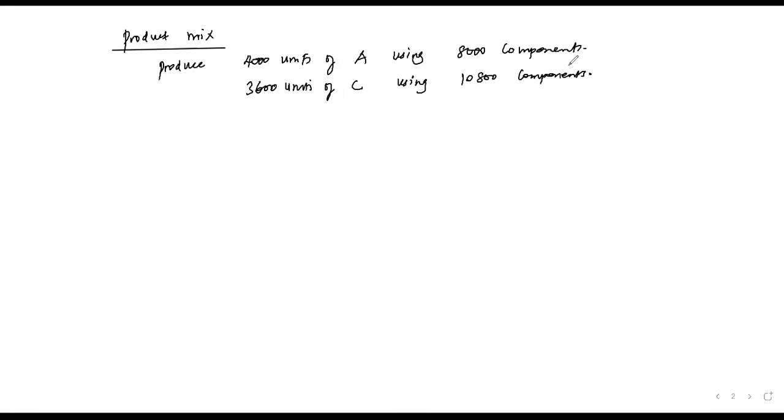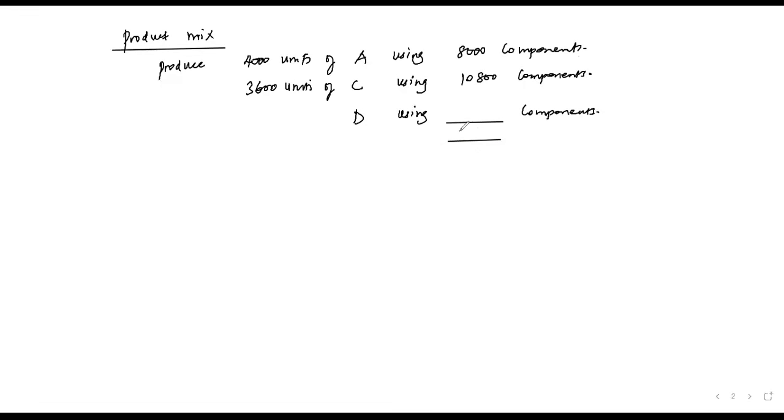Then the other product to produce next is D. Using how many components? Remember the available components. We have 22,400 components.